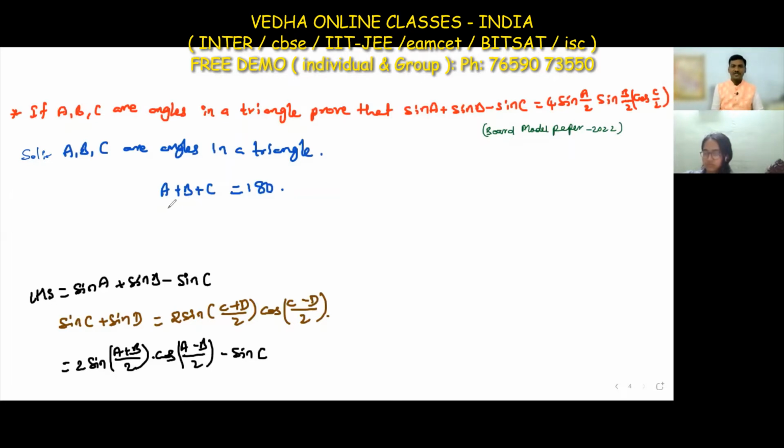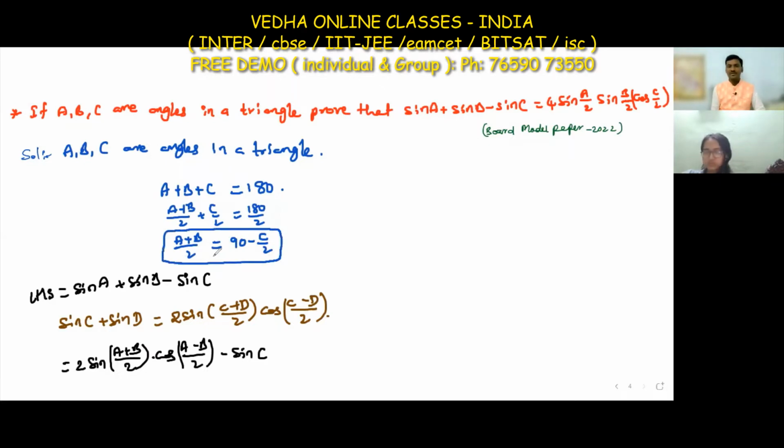If we divide by 2, A plus B by 2 plus C by 2 is equal to 180 by 2. So A plus B by 2 is equal to 90 minus C by 2.